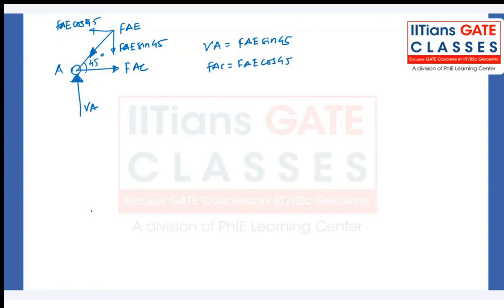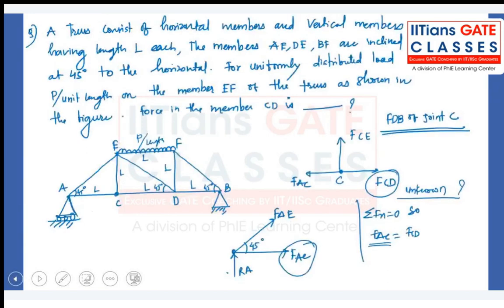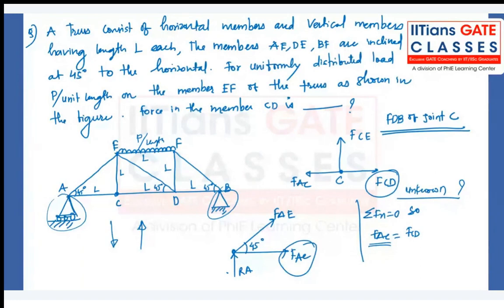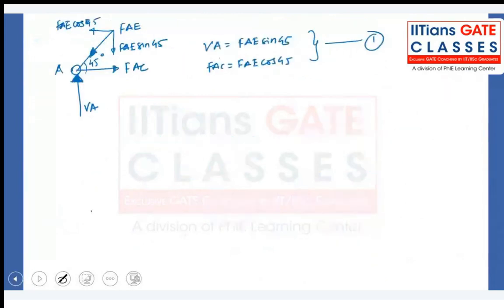We got one question from Sujana. Why is the direction downward? So Sujana, can you tell me how the reaction at the supports A and B will be, whether it will be downward or upward? It will be upward, right? So if this reaction is upward, then if you draw the free body diagram of joint A, what should be the direction of FAE?